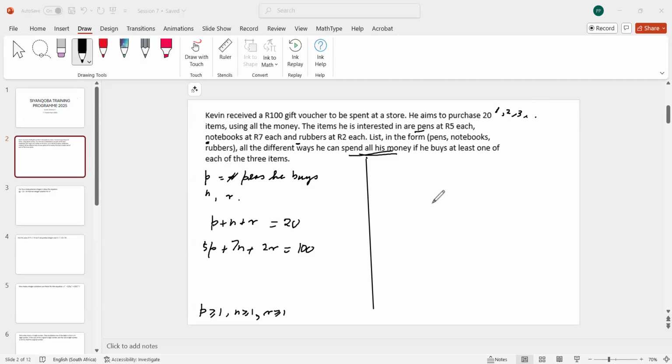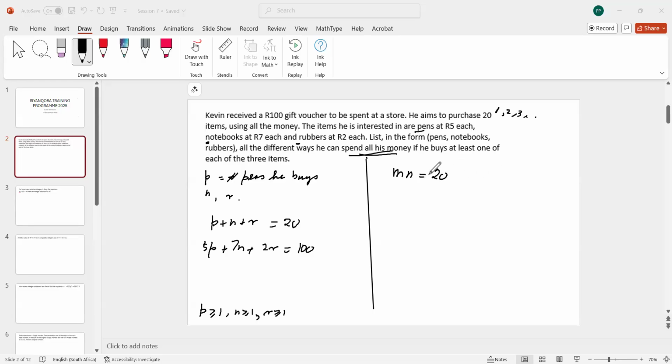Let me just say something about this. Whenever you have natural numbers and equations, one of the most important things is that with natural numbers, you can perform certain things. Like any other numbers, you can add, you can multiply, and so on. But one of the interesting things for natural numbers is factorization.